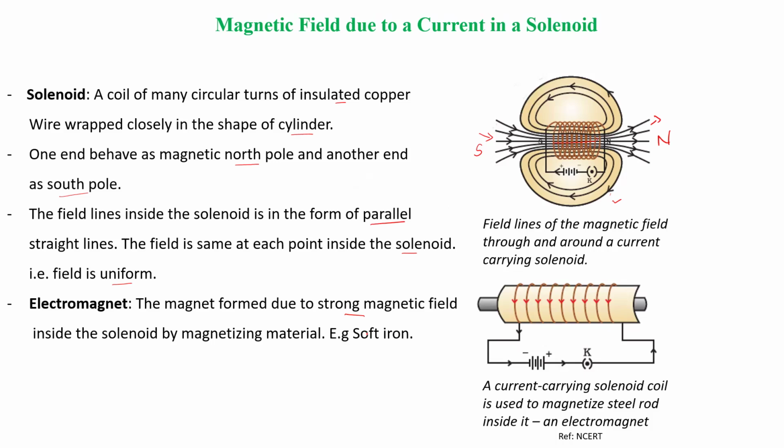Due to electric current, which passes through that coil. So finally, surrounding this we have a strong magnetic field, and the magnetic material is converted into a magnet. This is called the electromagnet. Due to electric current, it is converted into a magnet. How do we get electric current? Due to the flow of electrons. That's why the name electromagnet is given.